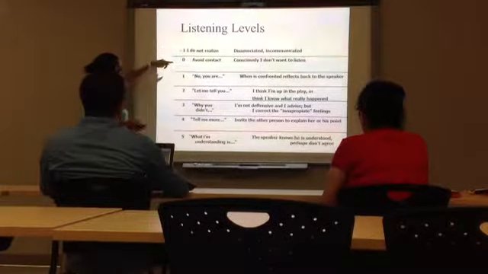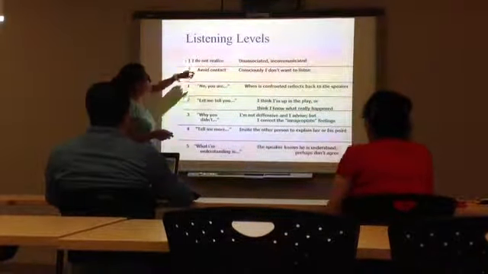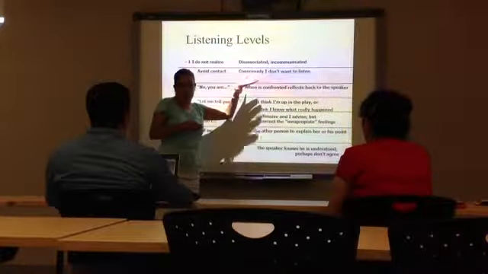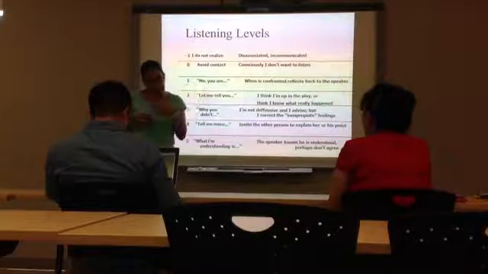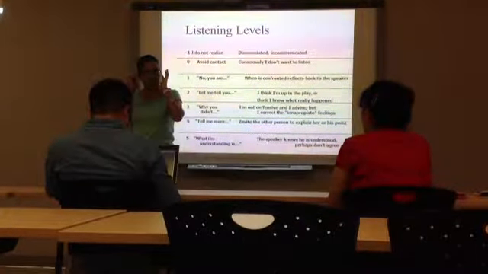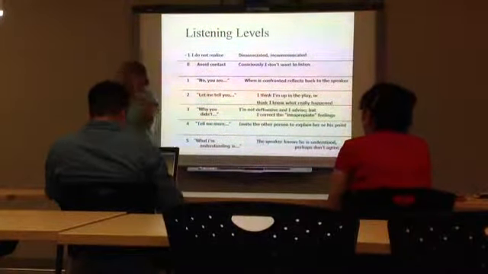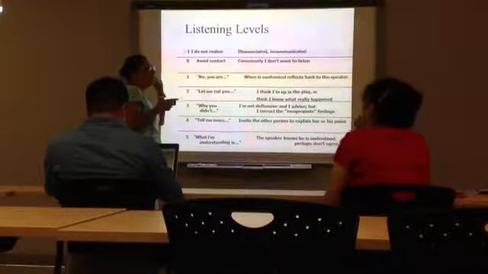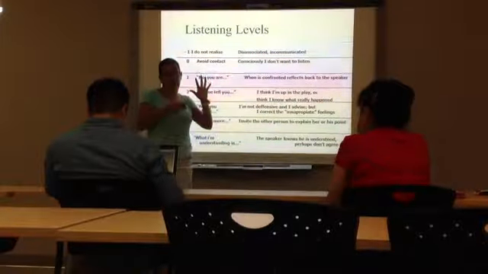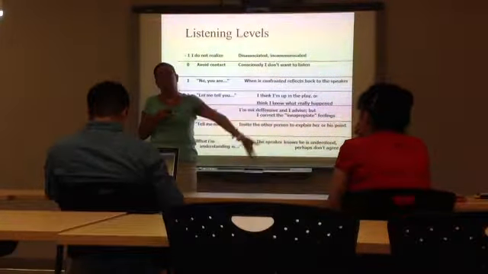This next level will be 0. It's avoid contact consciously. So it's when I know that person is speaking to me, but I put on the headphones, or I'm talking on the phone, doing these things to consciously avoid that person talking to me.